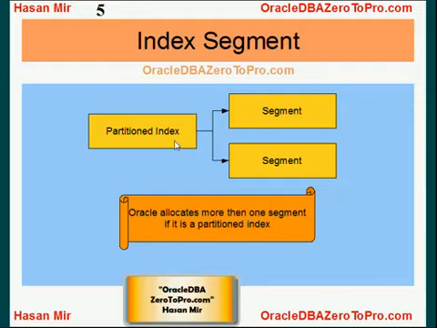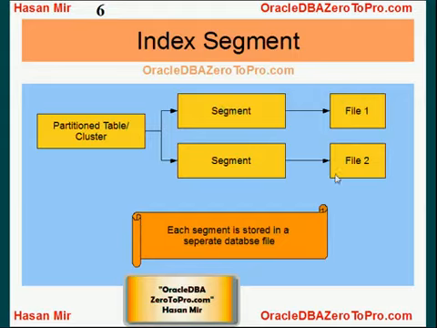Why would you partition an index? The same concept as we learned in the last tutorial, the same reason why we would partition a table. If it's a big index, you don't want Oracle to do lots of reads on that index, so you put that index in two segments and store each segment on a different file.